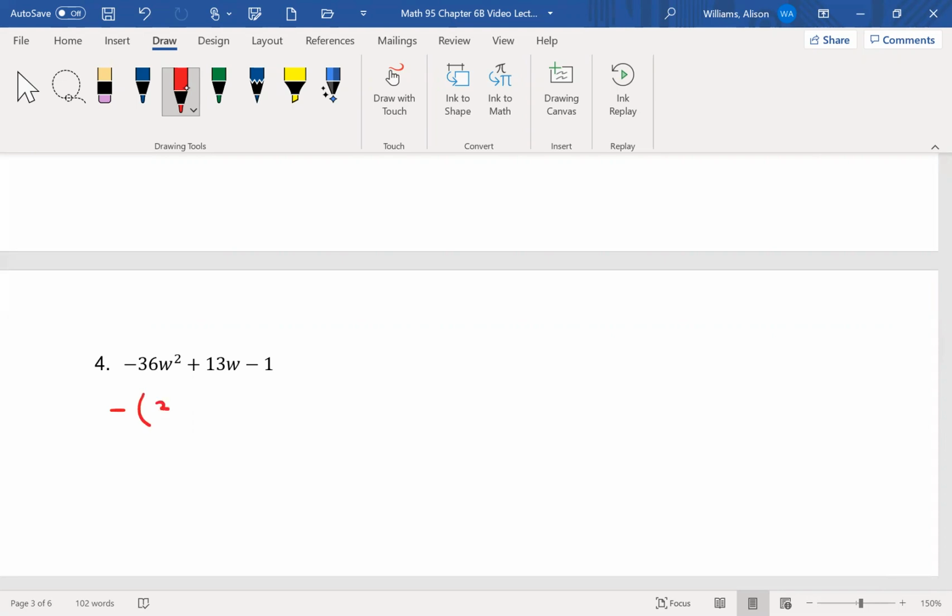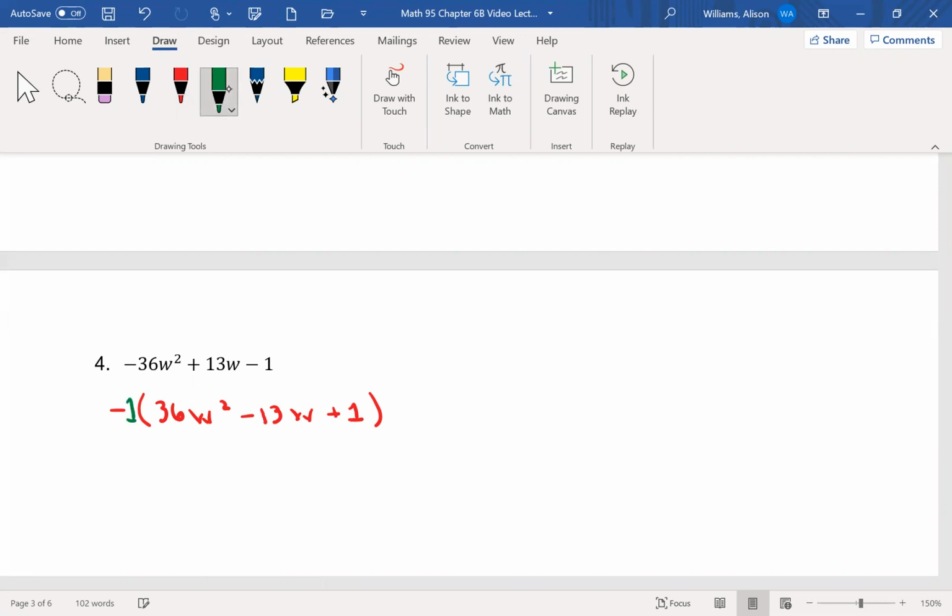So this is going to become 36w squared minus 13w plus 1. And now I'm just going to leave that -1 out in the front. I'm okay with you writing a -1. I'm just going to write it as a negative, but same difference. If you want to put a 1 there, if that feels better.